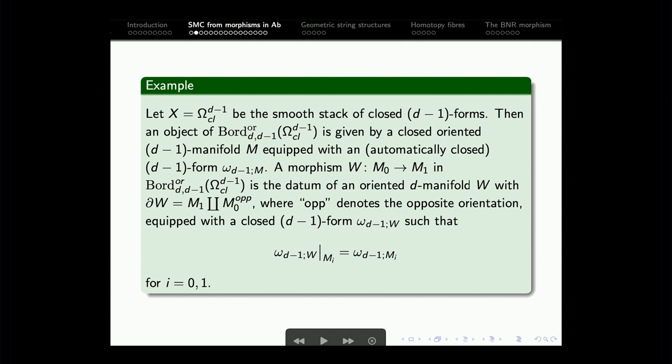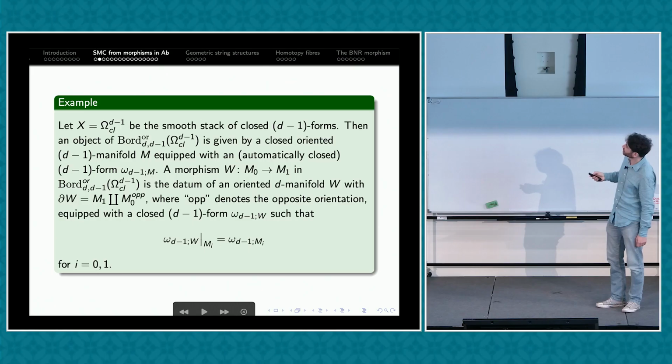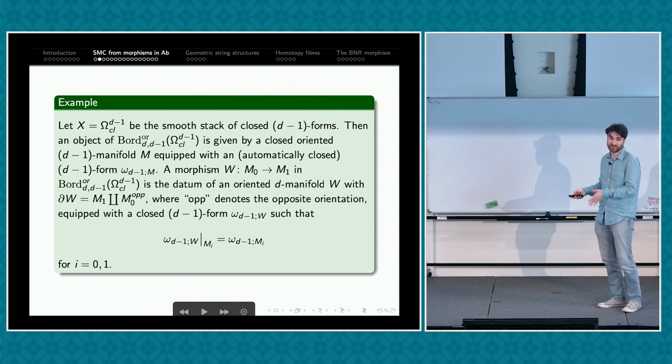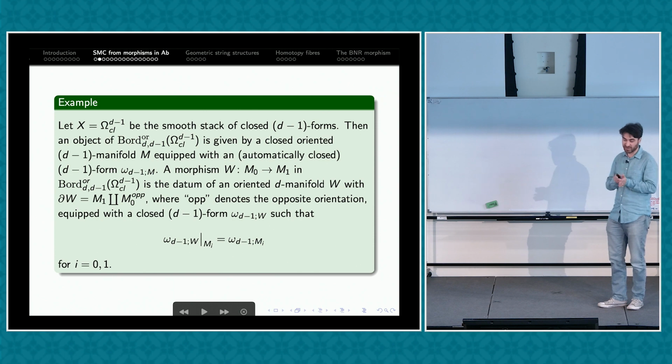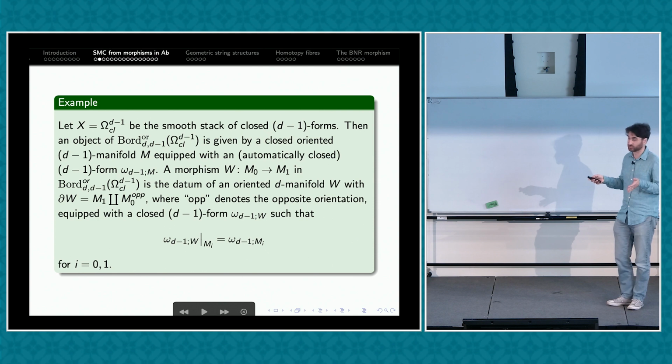So what is this category? Objects are oriented (d-1)-manifolds equipped with a (d-1)-form. I'm not saying closed because for dimensional reasons that's automatically closed. And morphisms are bordisms, so d-dimensional oriented manifolds equipped with a closed d-form that on the boundary restricts to what I had on the objects.